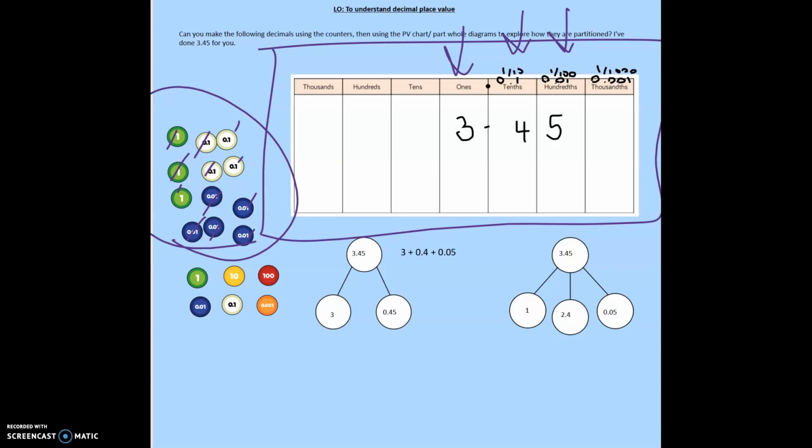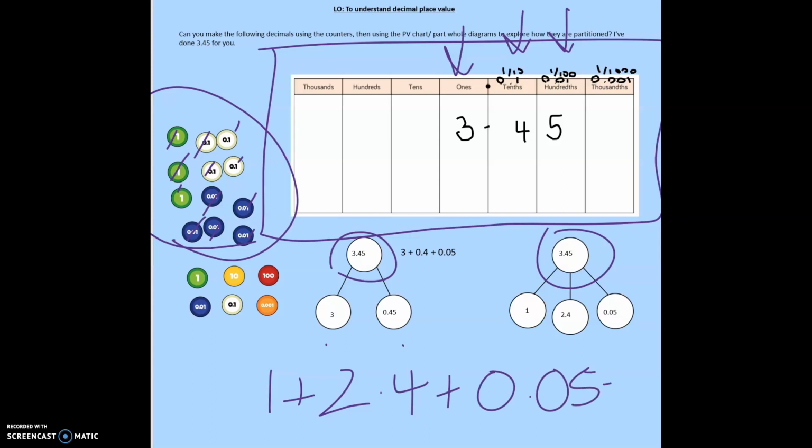And then I've had a go at partitioning it underneath into my part whole diagram. So I've got my whole at the top, which is 3.5, and I've split it this time into 3 wholes and 0.5. And over here, I've got 3.5, and I split it 3 ways this time into 1, 2.4 and 0.05. And if I was to do 1, add 2.4, add 0.05, then it would indeed equal 3.45.